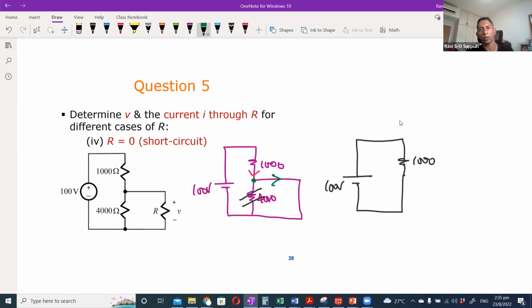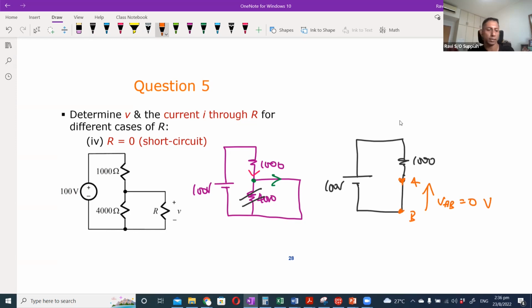The moment you create a path of very low resistance, all the current will flow through that path, and the other part will be considered an open circuit. In this case, there is no component between A and B, so VAB here will be 0, because there is effectively no voltage drop across these two points.